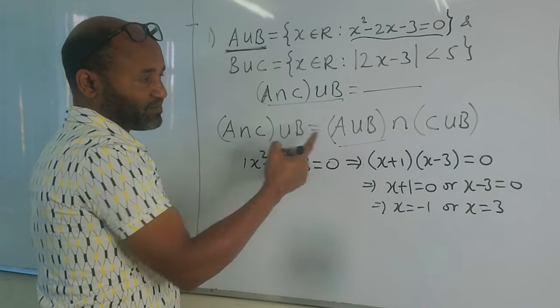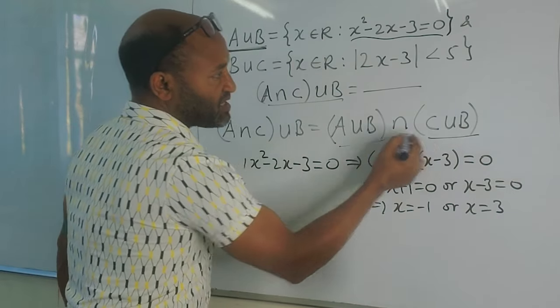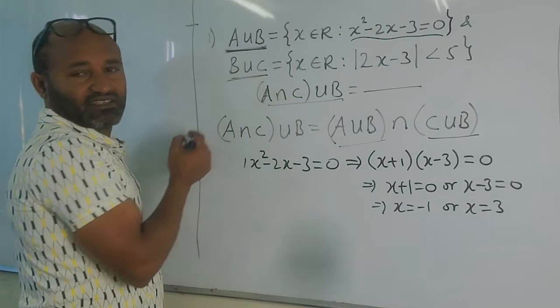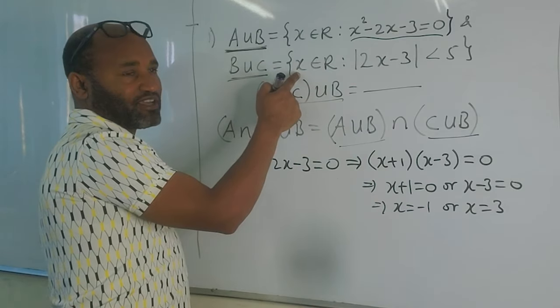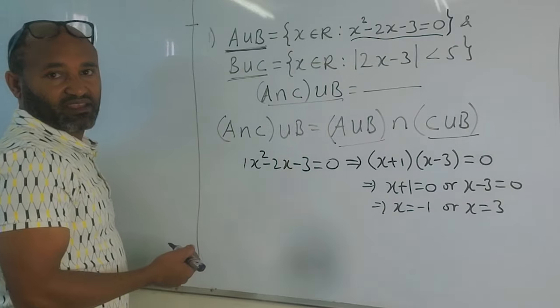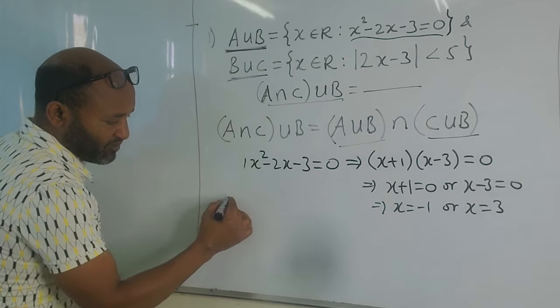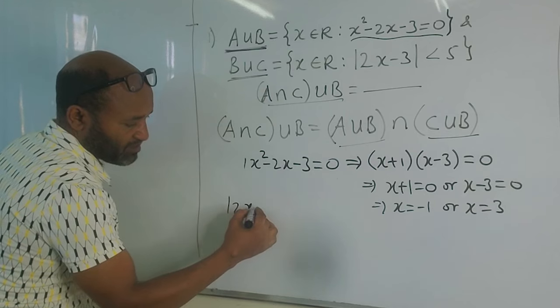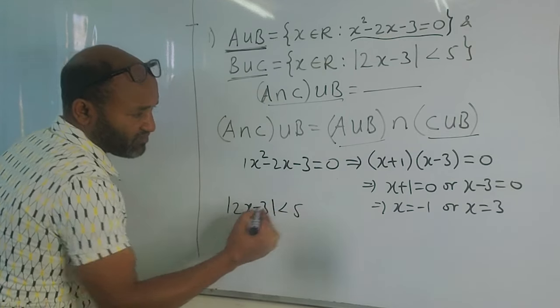They said. What about B union C? B union C is the set of all x such that absolute value of 2x minus 3 less than 5. Now, absolute value of 2x minus 3 less than 5.